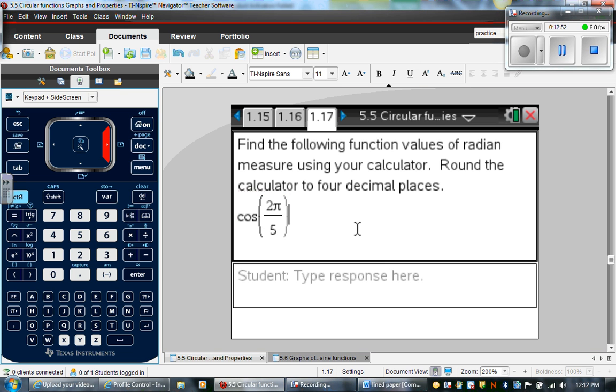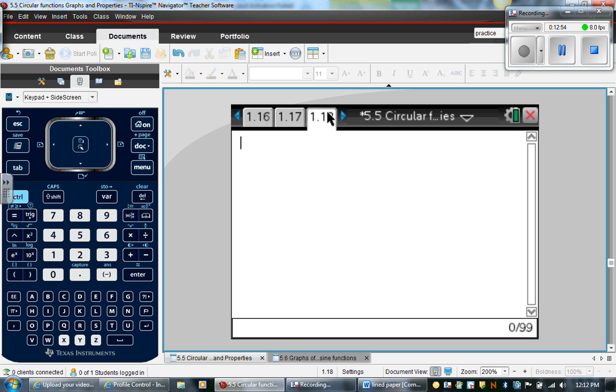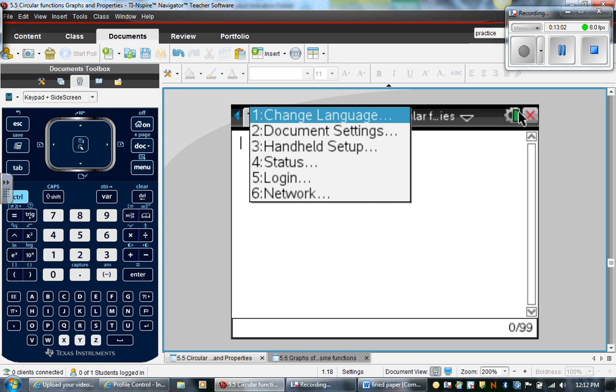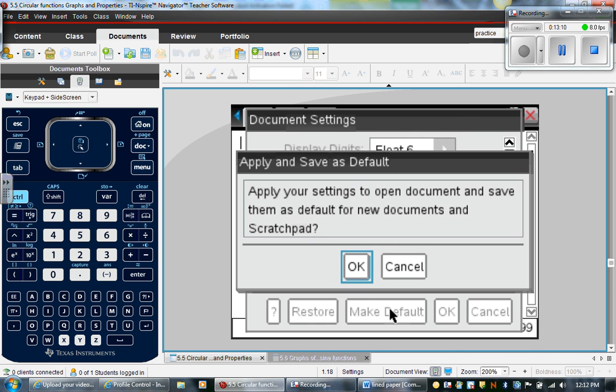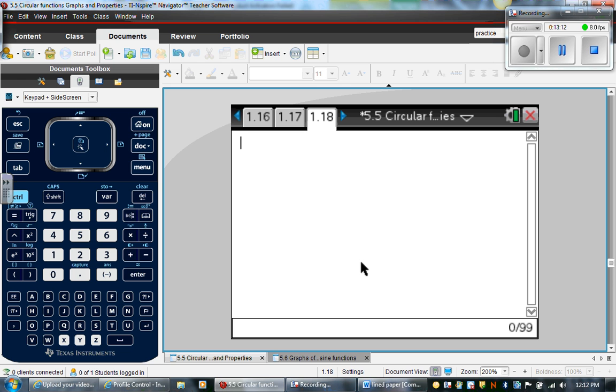So I'm going to insert a calculator page and check in this upper right-hand corner. Notice mine says DEG. That means degrees. So I do need to adjust. I'm going to click on that, go to my document settings, change this angle to radians, and then make it default, and OK.